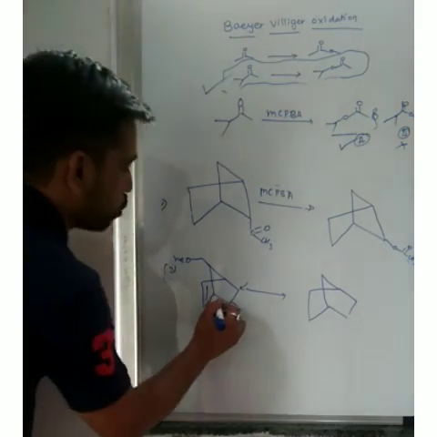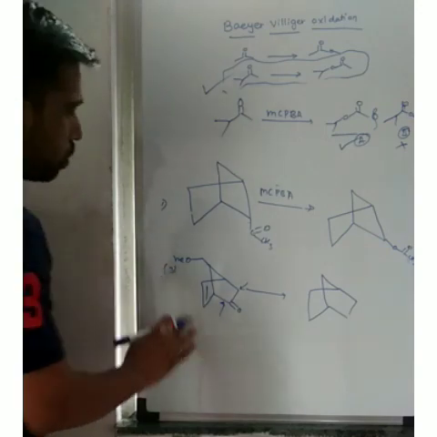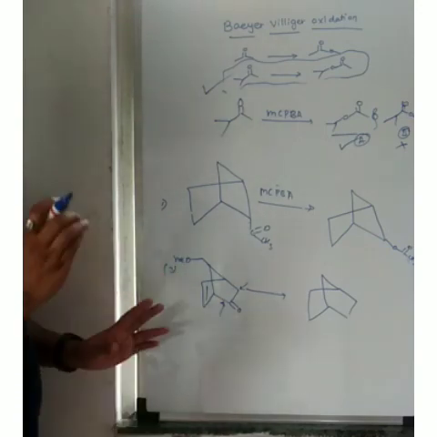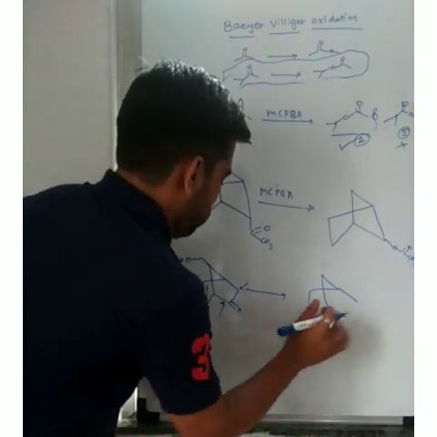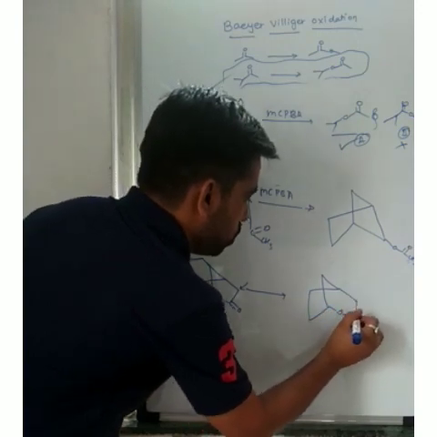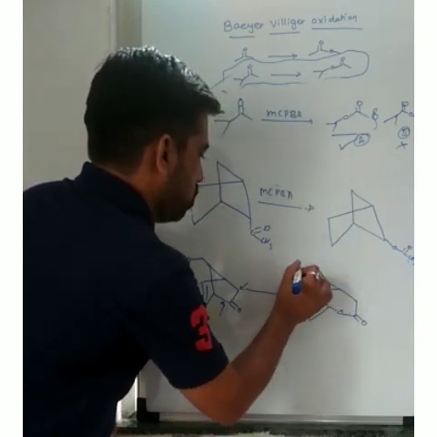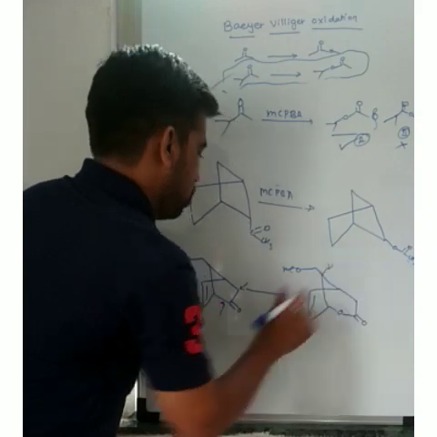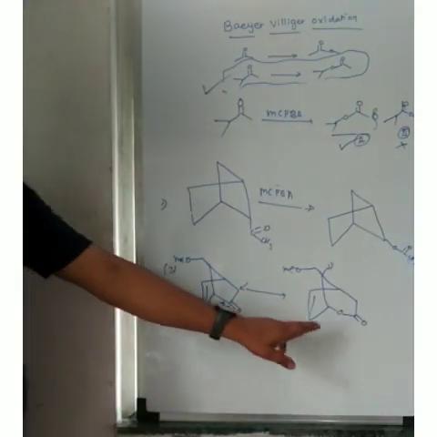So insertion of oxygen is on this side, and there is no interference from this bond, because of steric and conformational factors. So insertion of oxygen at this position, there is an OMe group, and this is the hydrogen. So this product is formed.